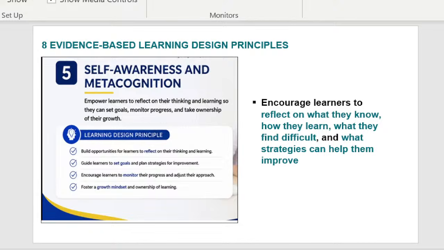Another is self-awareness and metacognition. Encourage the learners to reflect on their thinking and learning so they can set goals, monitor progress, and take ownership of their growth.